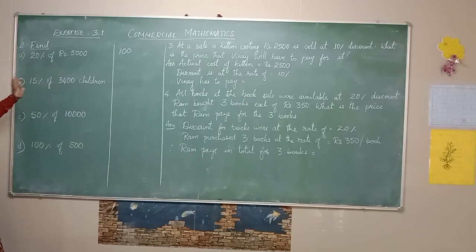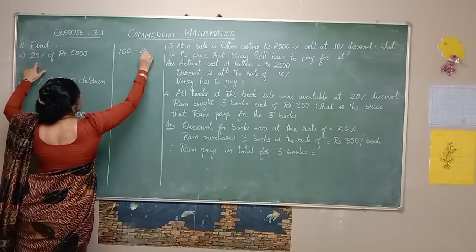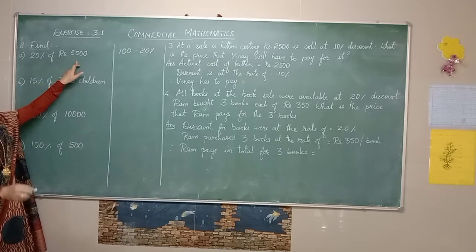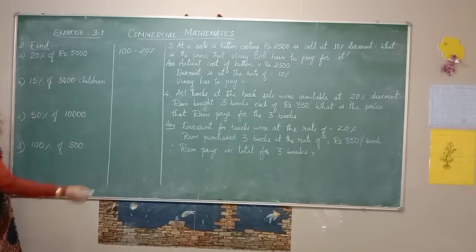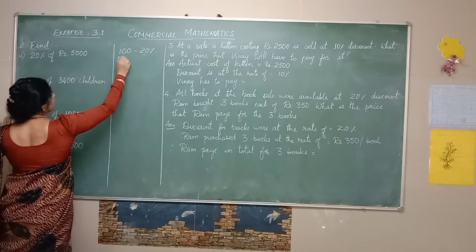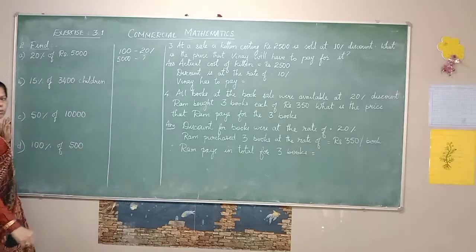For 100, the percentage is 20%. That means for 5,000 rupees, how much? In place of this 100 you have to put 5,000.